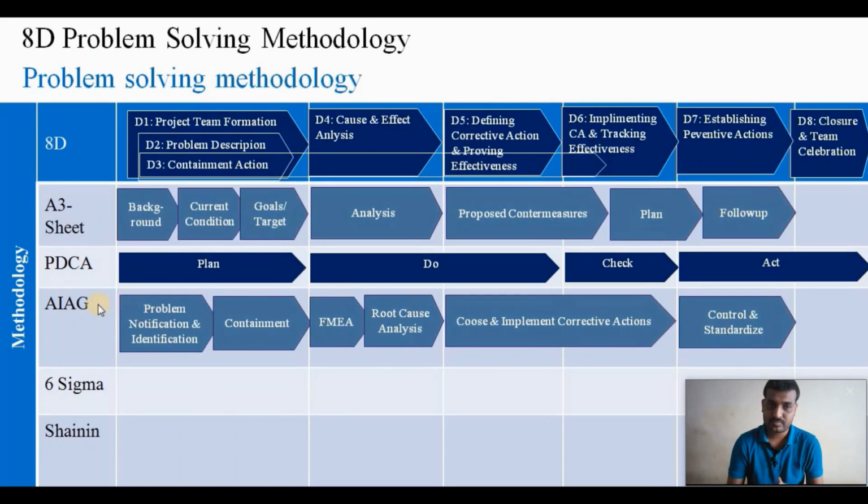In the third phase, failure mode effect analysis is done, and in the fourth phase, root cause analysis is done. In the fifth phase, whatever corrective actions come up from the root cause analysis are implemented, and in the last phase, the output is controlled and all the actions are standardized. Okay, so this is about AIAG.